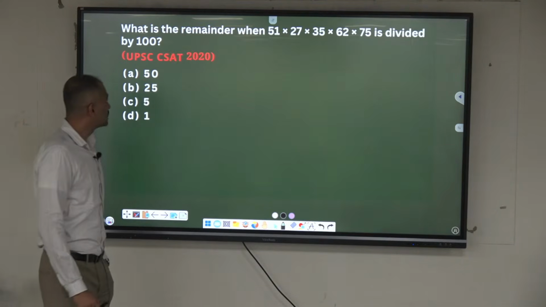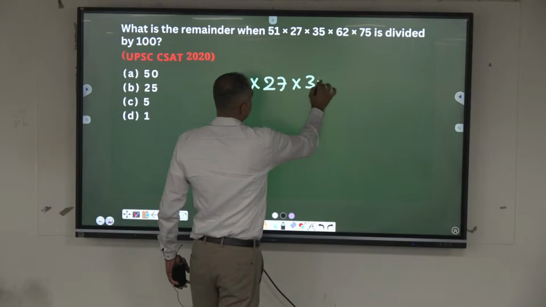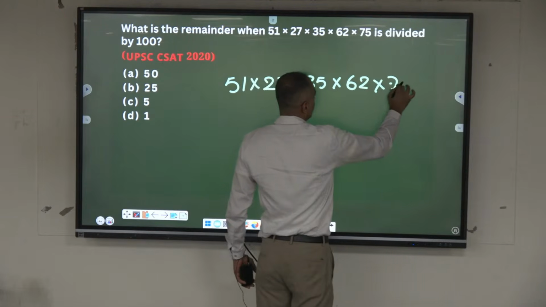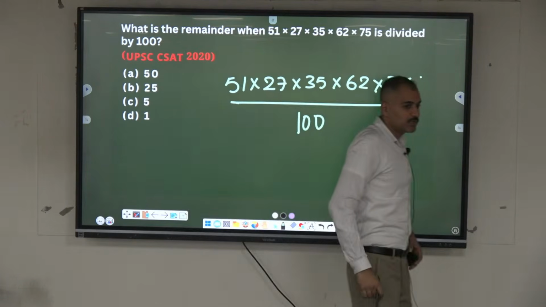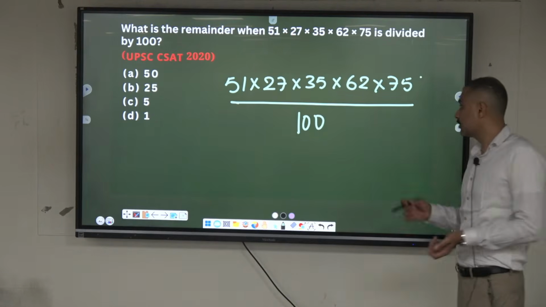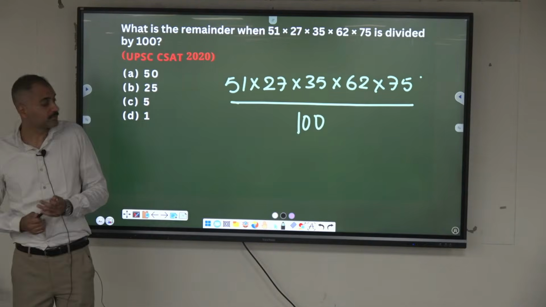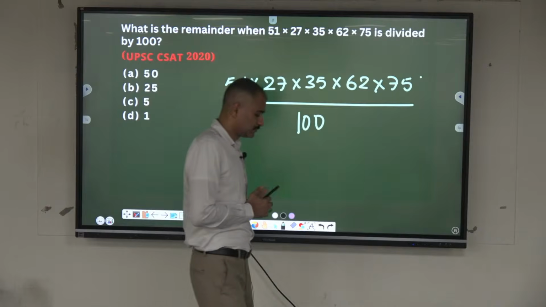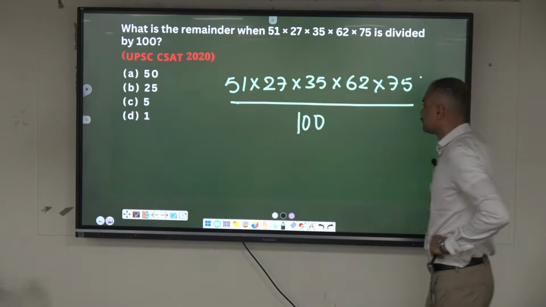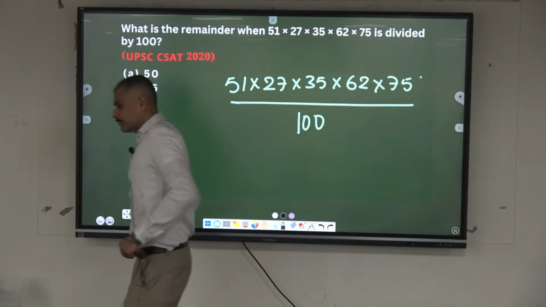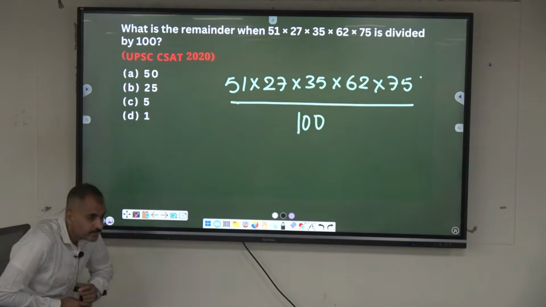Next case. What is the remainder when 51 into 27 into 35 into 62 into 75 is divided by 100? Okay, try to make 2 zeros, then the remainder is 0. If not, the remainder is 0 is not given either.